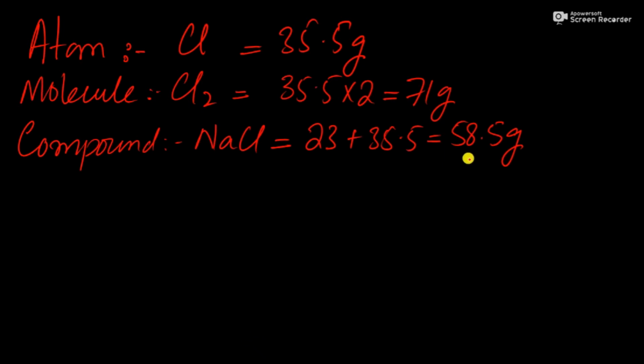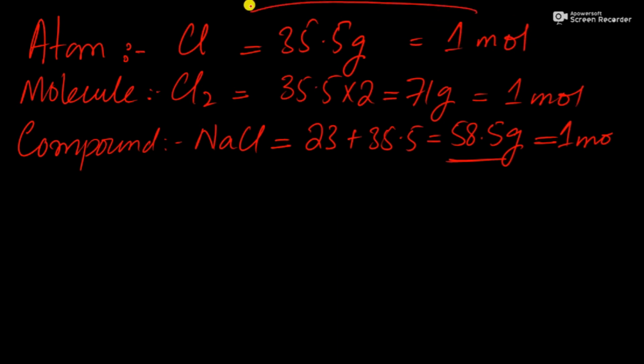This is 1 mole of chlorine atom, this is 1 mole of chlorine gas, and this is 1 mole of NaCl. So you can see that we have different masses in 1 mole. It all depends on the atom, the molecule, and the compound.